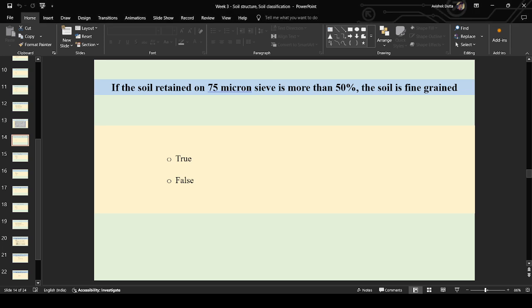I repeat the statement. If the soil retained on 75 micron sieve is more than 50 percentage, the soil is fine grained. Is this statement true or false?